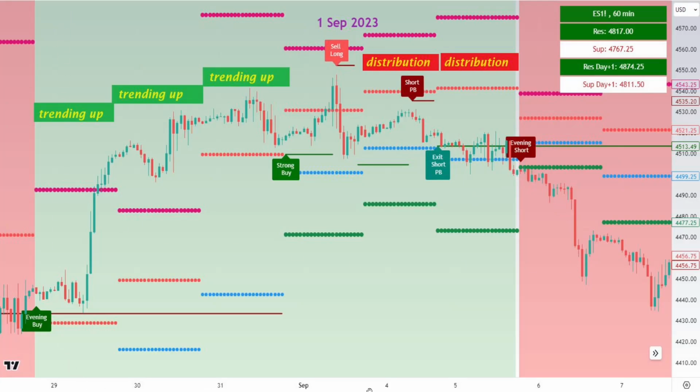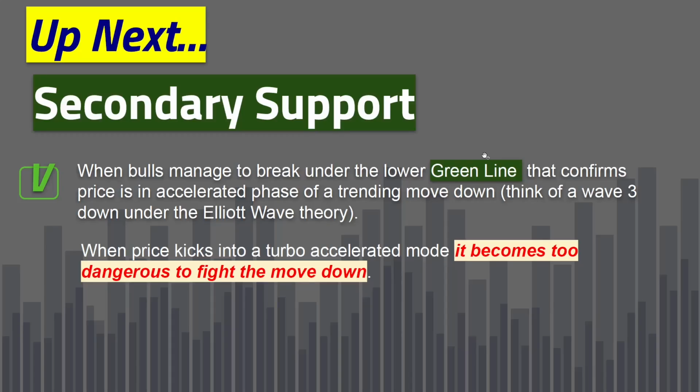So here you see the green background, here you see the red background, and you see how the character of the market changed. Here we saw acceleration, and half of that cycle up was actually spent on distribution. And this is what normally happens. This is how price normally builds tops, kind of rounded tops. It takes time to build them up.